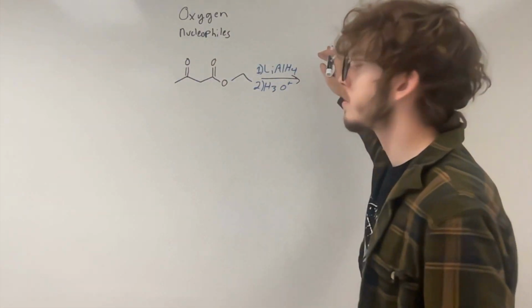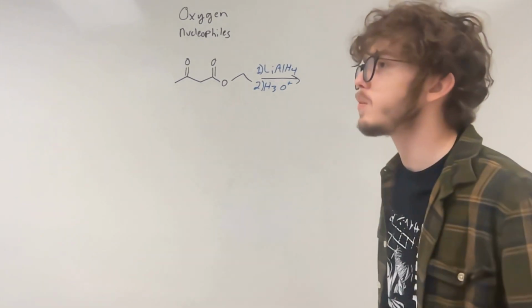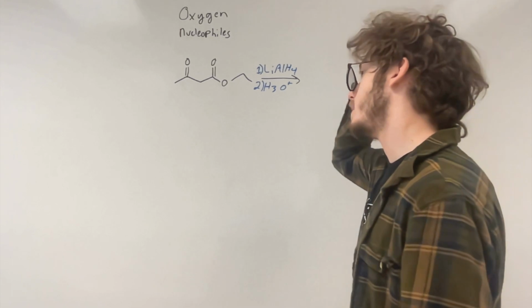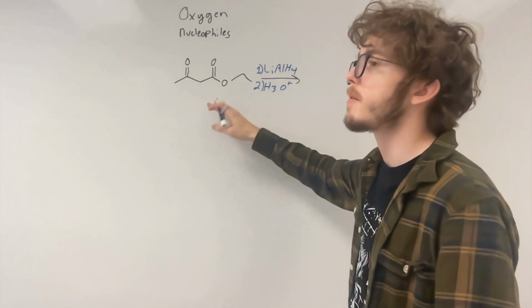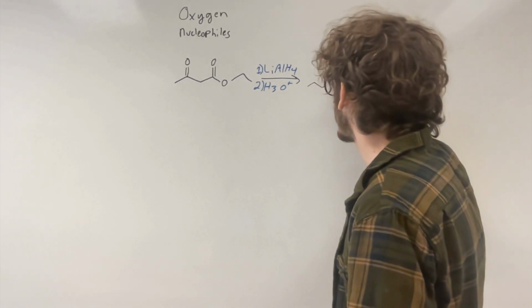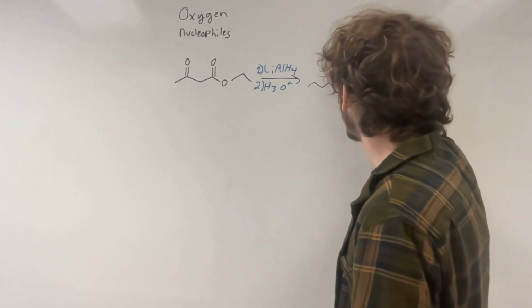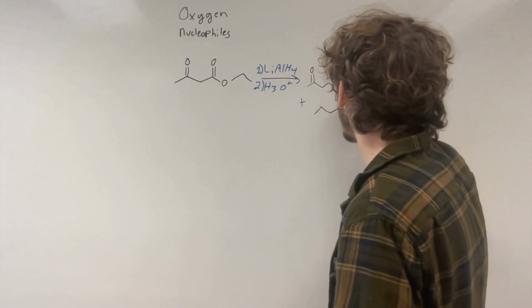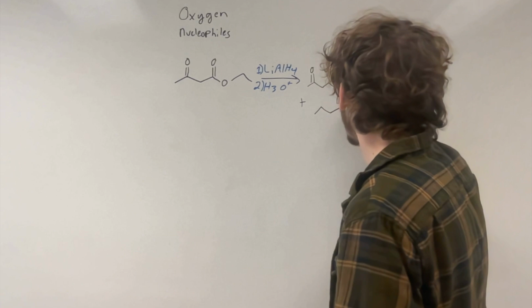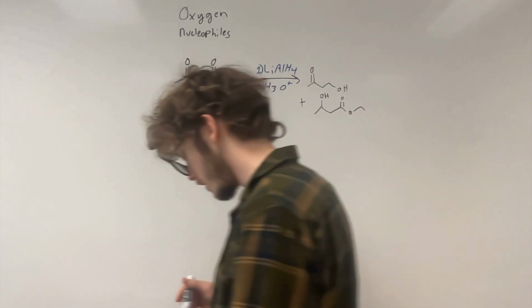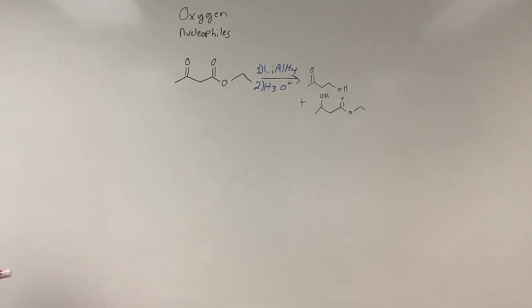If you only wanted to do one, you throw the lithium aluminum hydride in there in a stoichiometric amount, and you'll probably get a product mixture that looks like this. Okay, you don't want a product mixture. That is always a headache in the lab.